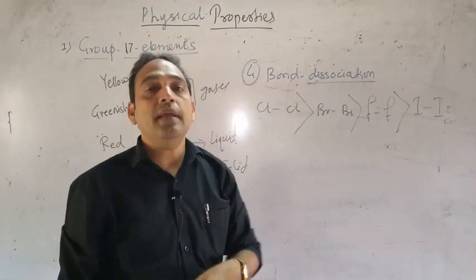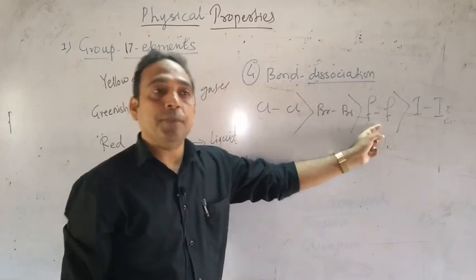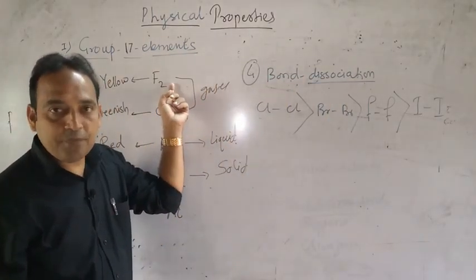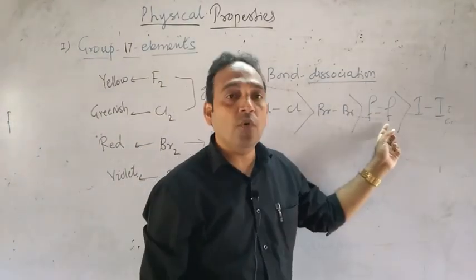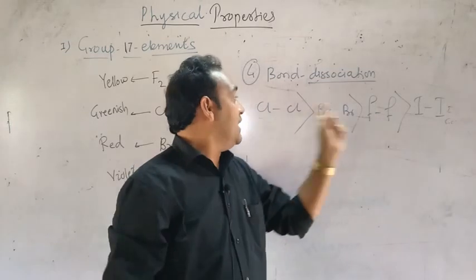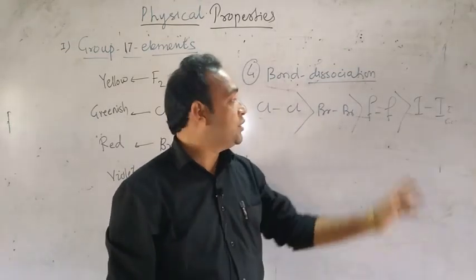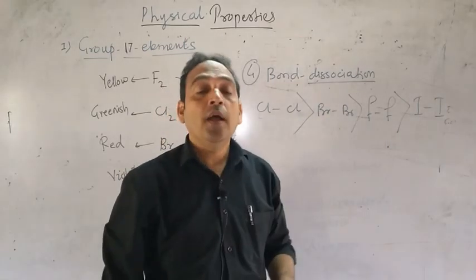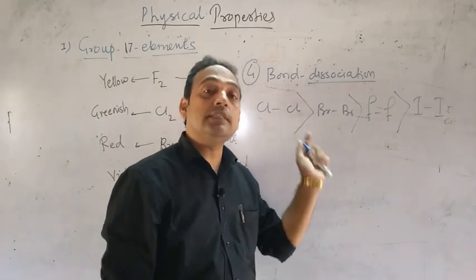Now the question arises here: why is the bond dissociation energy of fluorine, which is the first member of the group, less as compared to chlorine? Fluorine is the first member, but why is its bond dissociation energy less? That means the fluorine bond is weaker as compared to the Cl bond.